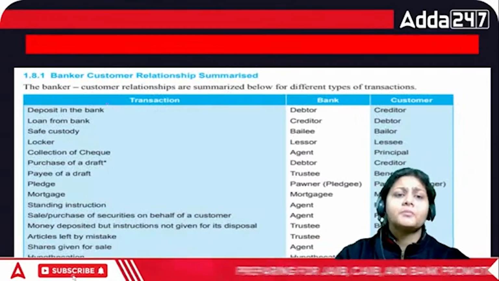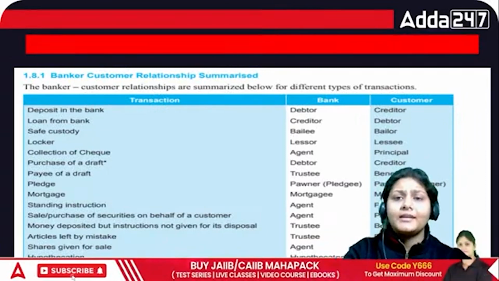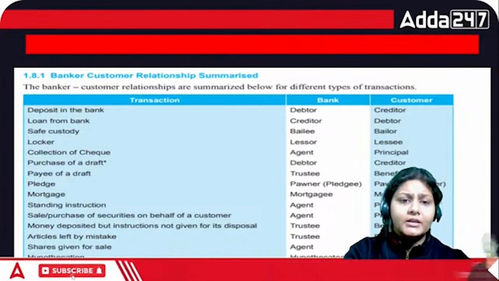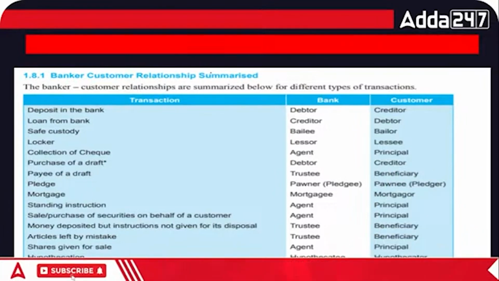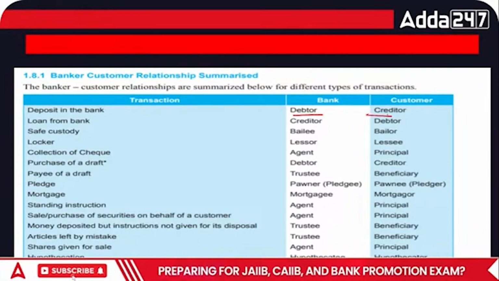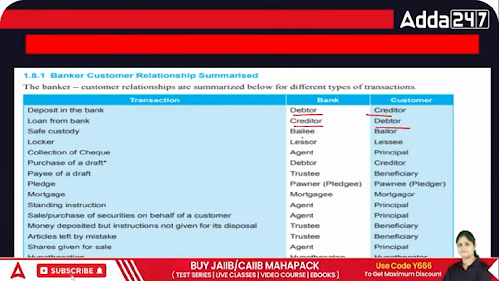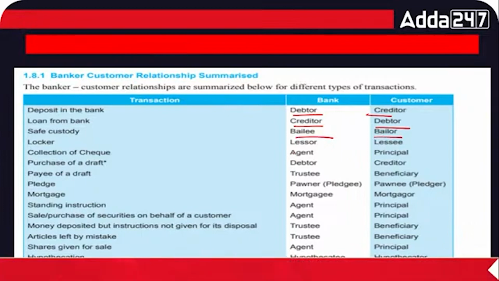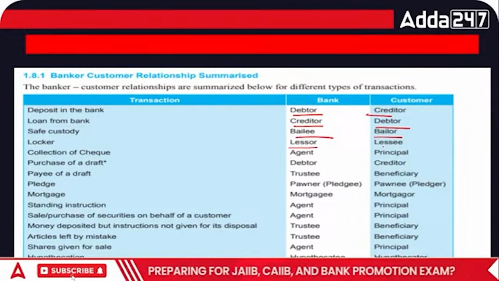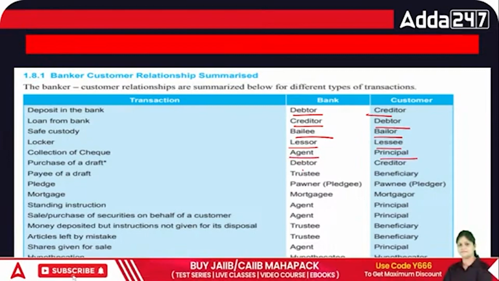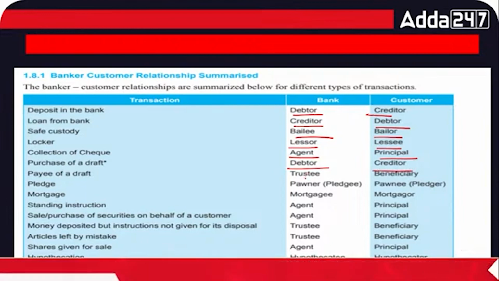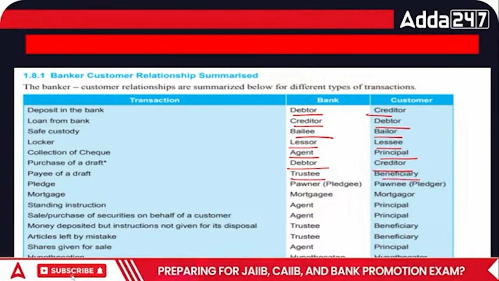So please remember this picture. The deposit in the bank: debtor and creditor. In the case of a loan from the bank: creditor and debtor. Safe custody: bailee and bailer. In the case of a locker: lessor and lessee. Collection of cheque: agent and principal. Purchase of draft: debtor and creditor. In the case of payee of the draft: trustee and beneficiary.